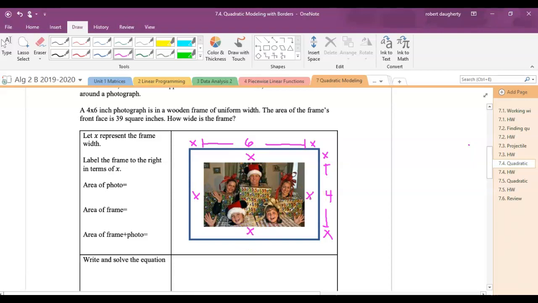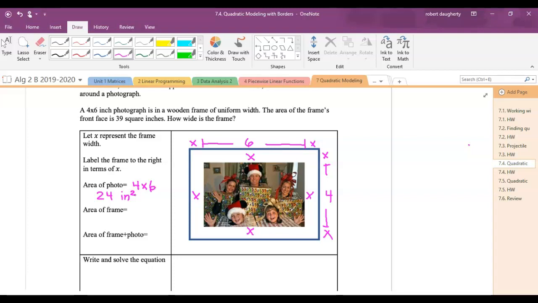So the area of the photo, what are the dimensions of this photo? This is a 4x6 photo. So what is the area of this photo? It's 24 square inches. Now, what is the area of the frame? So just the frame, do I know that?